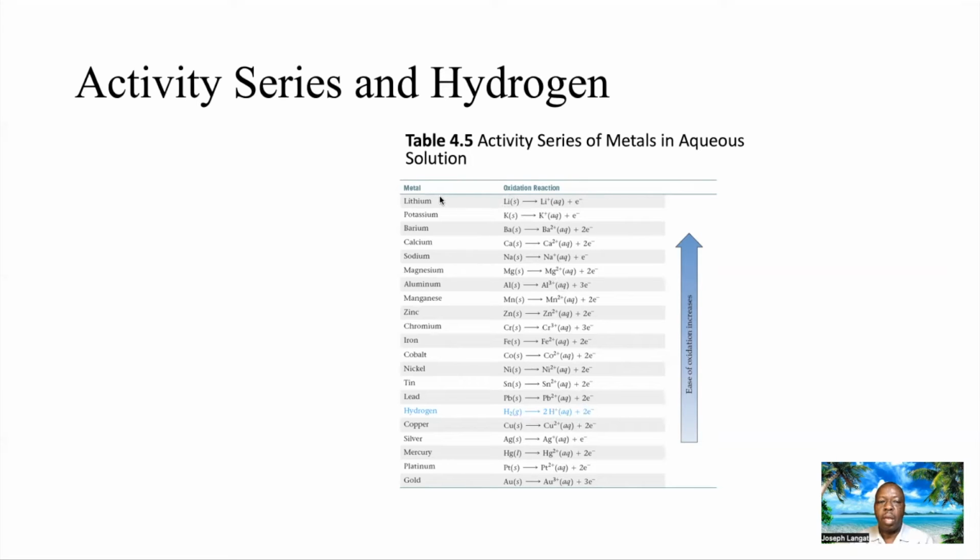This means lithium can easily lose its one electron. I'm going to talk about valence electrons down the line, but look at it as losing the one electron. Potassium, if they are losing, here the ease of oxidation increases, which means lithium is the most reactive, and it will replace something in single replacement.